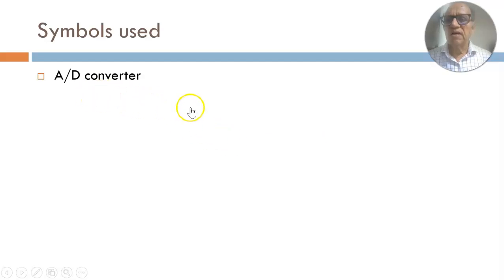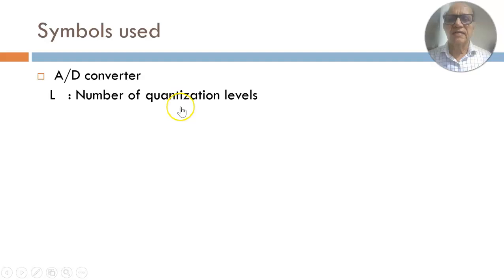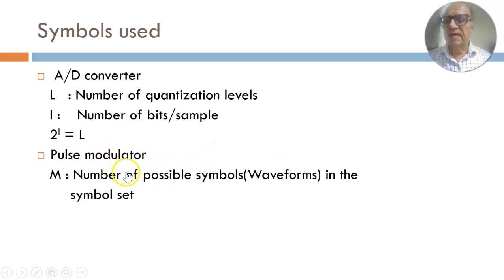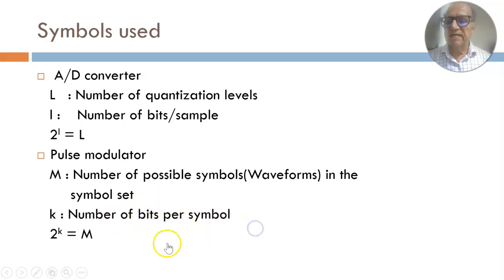If we consider the A to D converter, then the number of quantization levels is denoted by the letter L, and the number of bits per sample is denoted by the letter I. So clearly, as we have studied, 2 raised to I is equal to L. Then for the pulse modulator, let us say M is the number of possible waveforms or number of possible symbols in the symbol set, and K is the number of bits per symbol. In that case, M will be equal to 2 raised to K. So these are the symbols which are used.